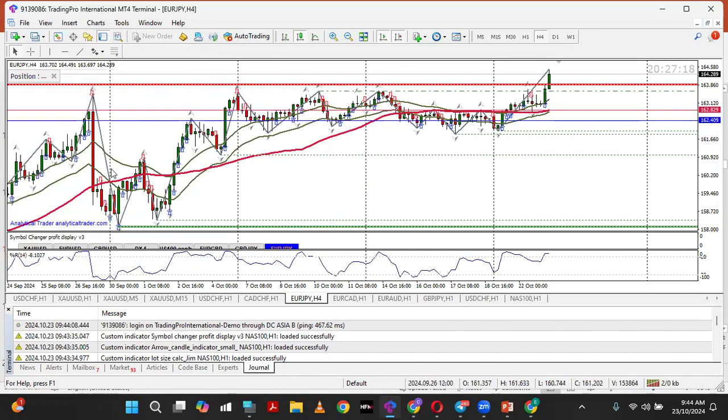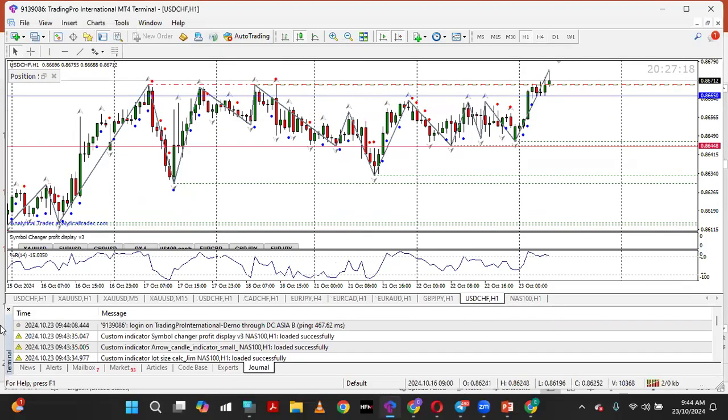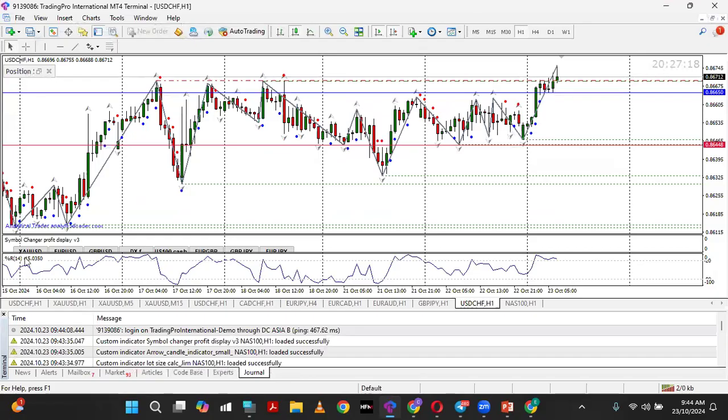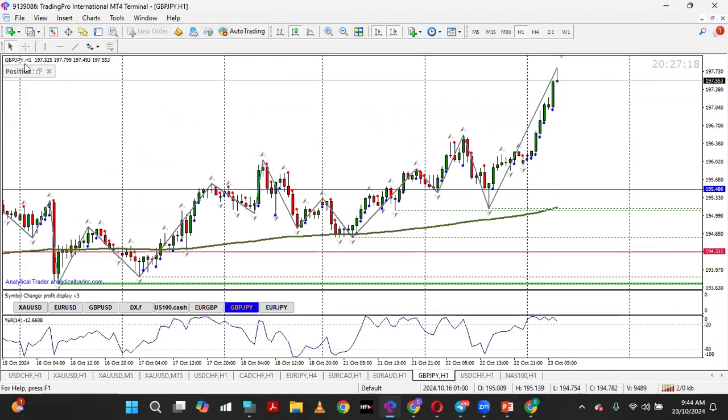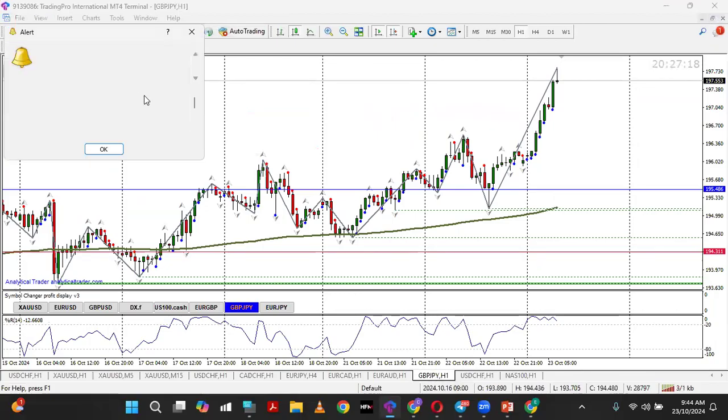So when you come to the MT4 platform, that's when you finally start to use it. If you look at the chart, okay, it's putting up.